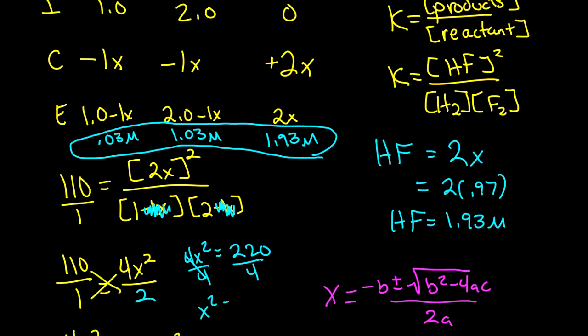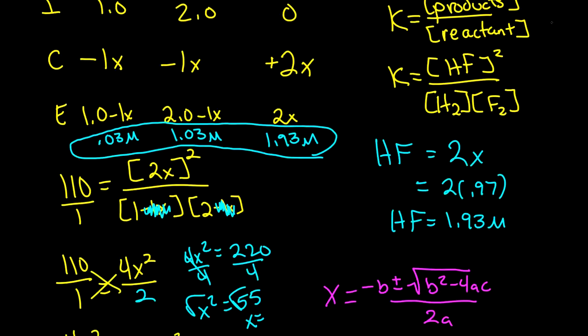You're going to have x squared equals whatever 220 divided by 4 is, which is 55. Take the square root, x equals whatever you get, go back, plug it in. That took me less than a minute in comparison to what we just went through. So if your K value is 1.0 times 10 to the negative fifth or smaller, you can ignore the X on the reactants, and it's going to make your world of equilibrium so much easier.